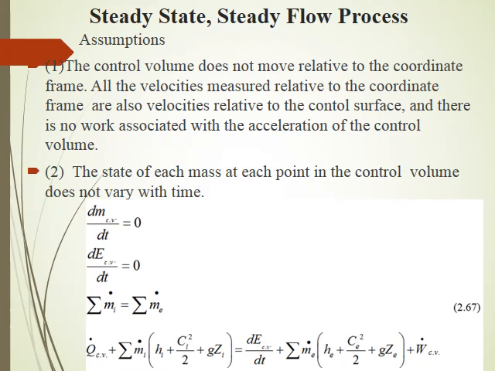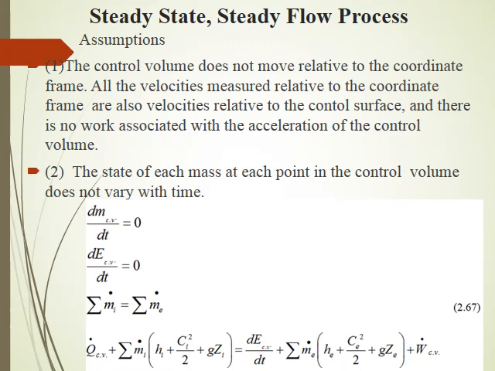The basic assumptions are: the control volume does not move relative to the coordinate frame. All the velocities measured relative to the coordinate frame are also velocities relative to the control surface, and there is no work associated with the acceleration of the control volume. Actually, what happens? We assume that the control volume has no relative motion with the coordinate frame of reference.